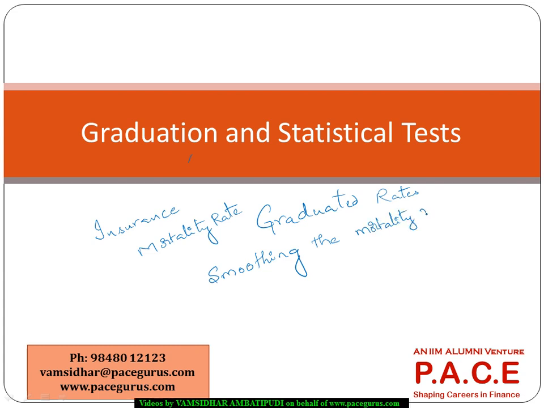I collect the mortality rates data from real world observations. Think of it like this. Let's say I am investigating a big, huge sample of people at different age groups, x plus 1, x plus 2, and so on.